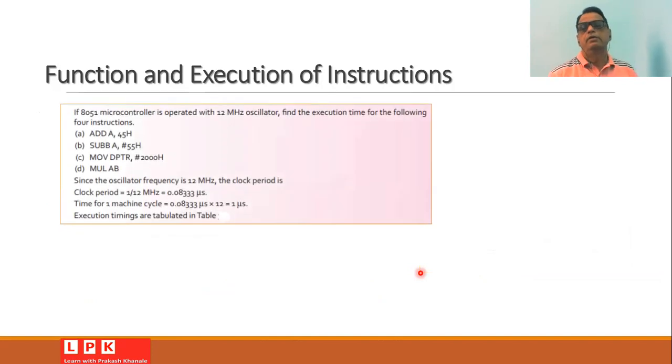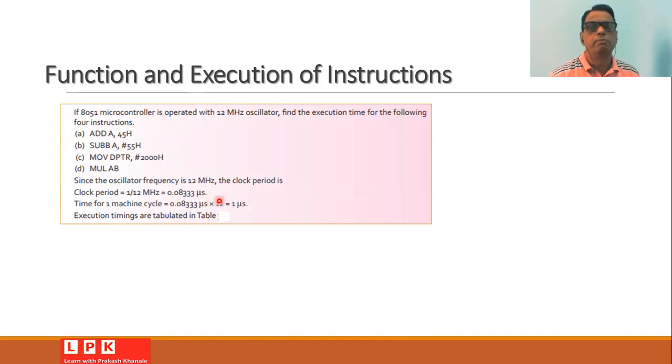Let us understand it with a simple example. Suppose we have a microcontroller operating with a clock speed of 12 megahertz, and we have been asked to determine the execution time for different instructions. Since the oscillator frequency is 12 megahertz, we can determine the clock period as the reciprocal of the frequency, that is 1 divided by 12 megahertz.